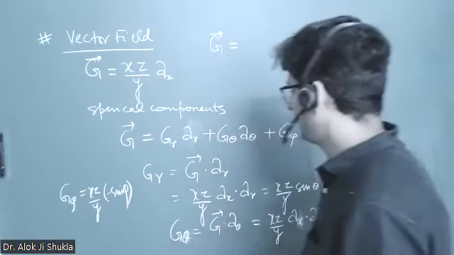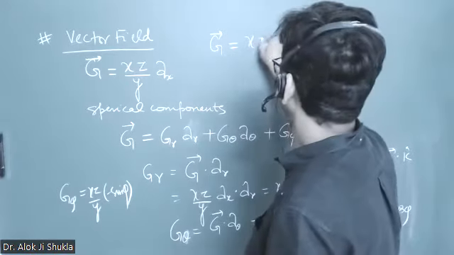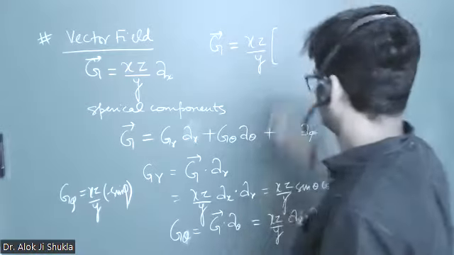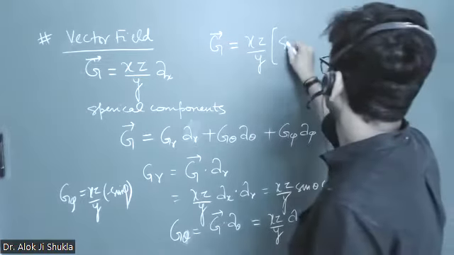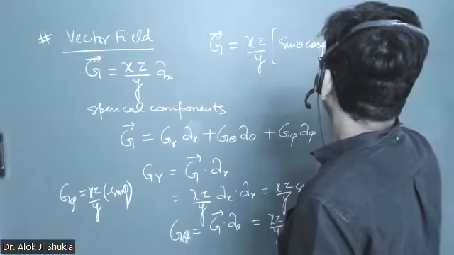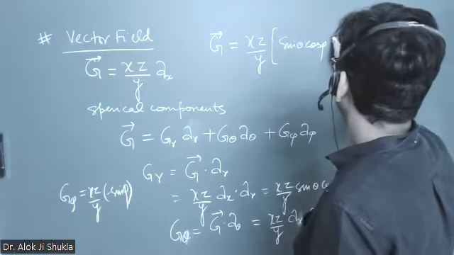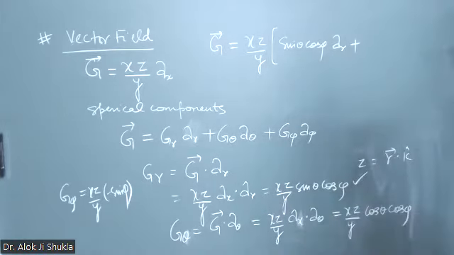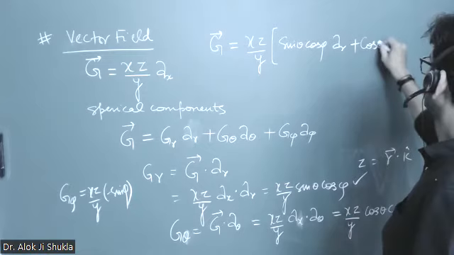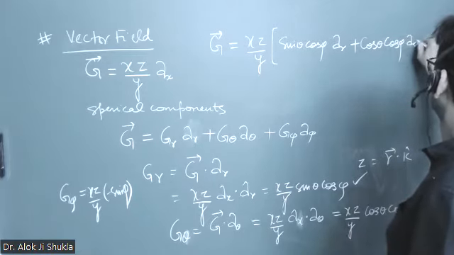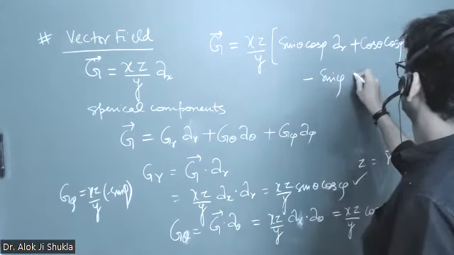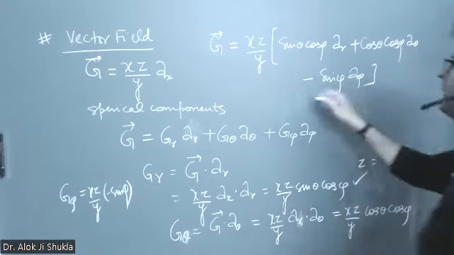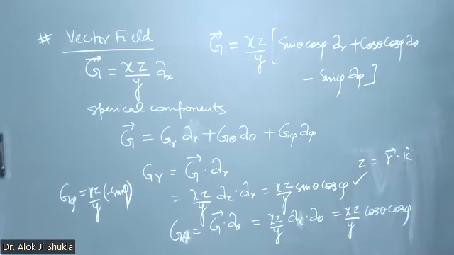G is equal to XZ by Y sin theta cos phi AR plus cos theta cos phi A theta minus sin phi A phi. So this is the transformation of the vector in spherical. This is a very nice question. Very basic.